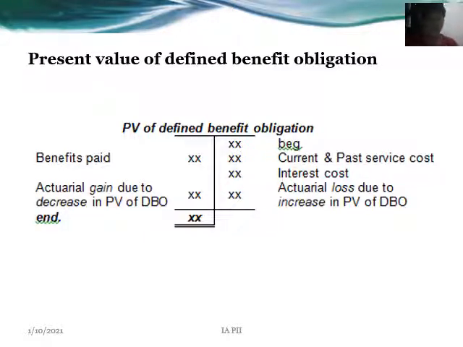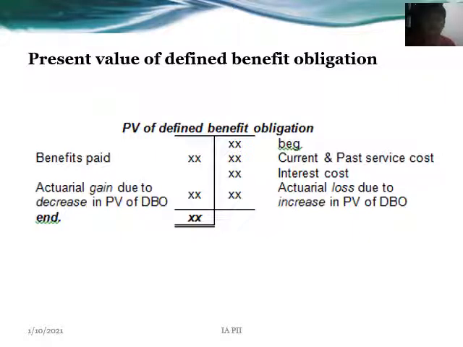And then, from dun sa beginning balance, i-add mo lang, kasi naka-credit din itong mga to, so ibig sabihin, add the current and past service cost, I should say. Then, i-add mo pa rin ang interest cost, and then yung actuarial loss due to increase in present value of defined benefit obligation. So, yung tatlo, i-add mo sa beginning balance.